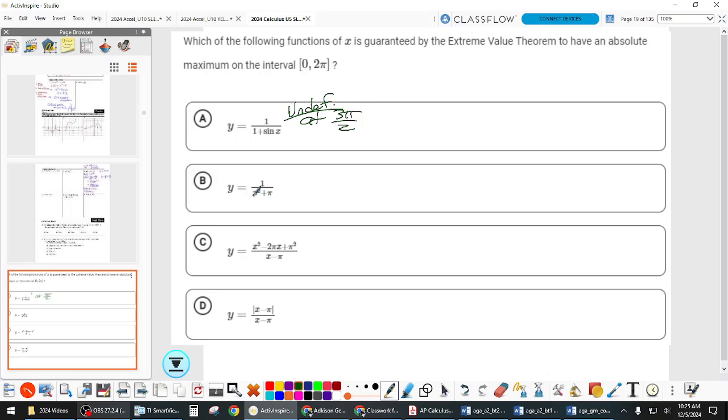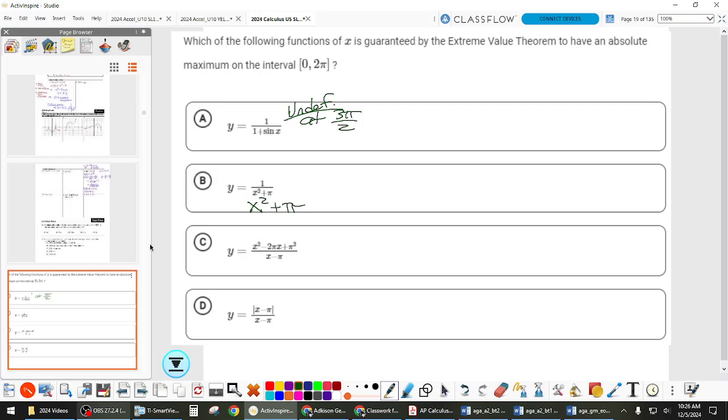Is this ever going to be 0? It's x squared plus pi. I know, it never shows up very well, even if I make it bigger. Will that ever have a vertical asymptote? That's kind of what we're asking.